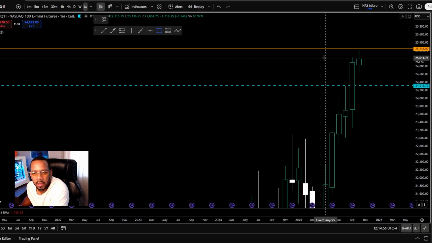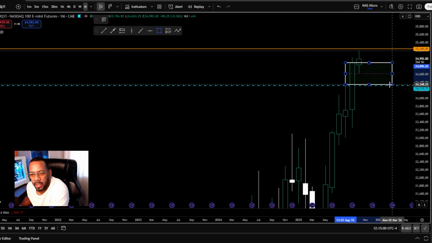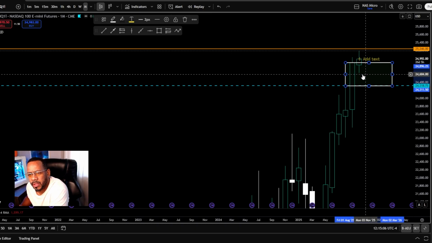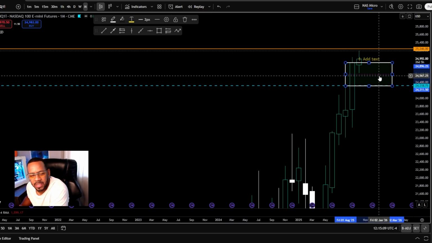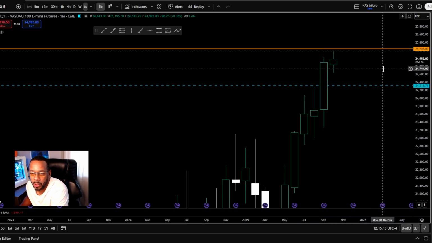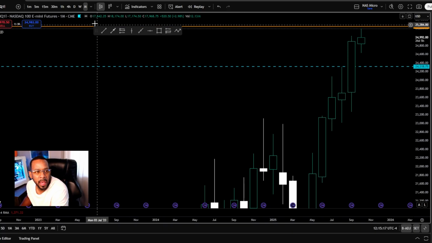Let's take a quick look. See if price is in a discount on the monthly yet. Pretty much so. Almost 50% of that move. Tap right above it, which is fine. Price doesn't always have to do that, but we do know it searches out for these areas of imbalance.